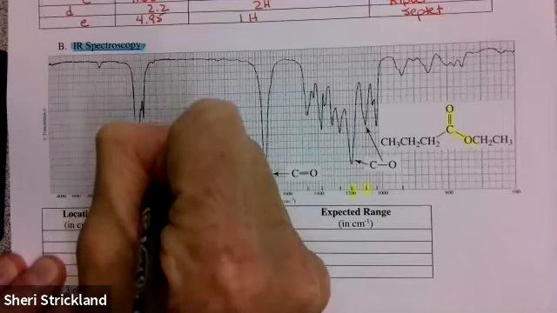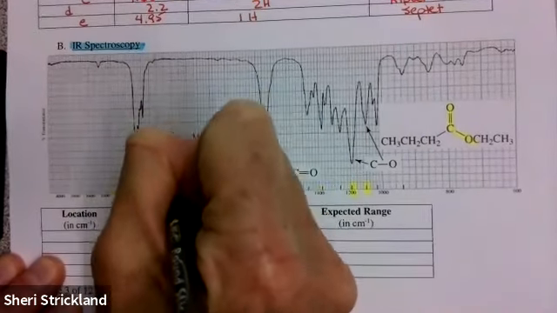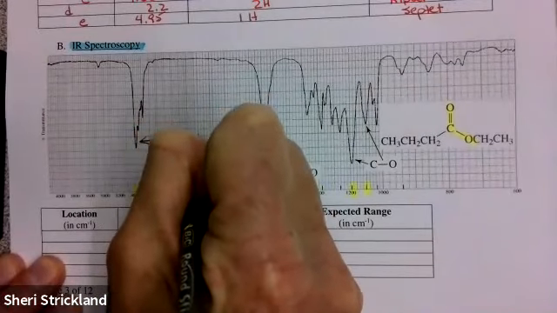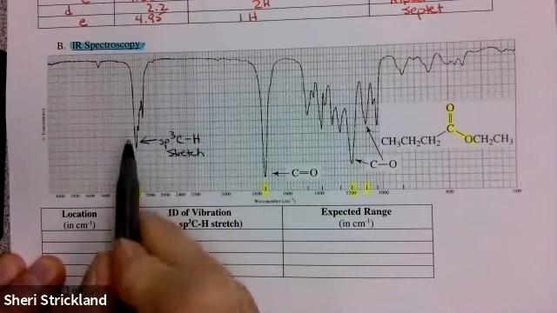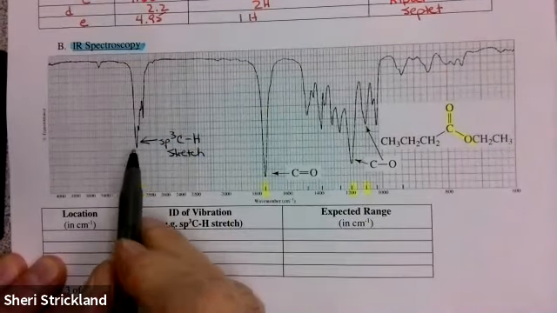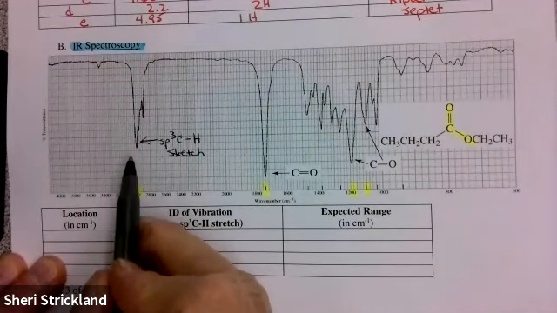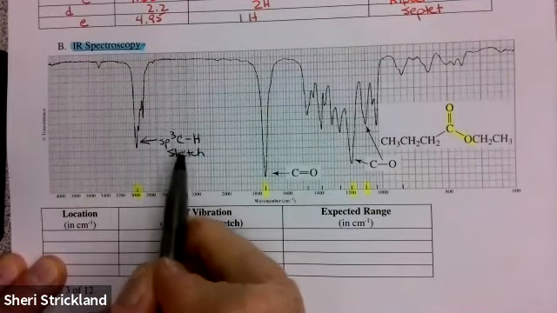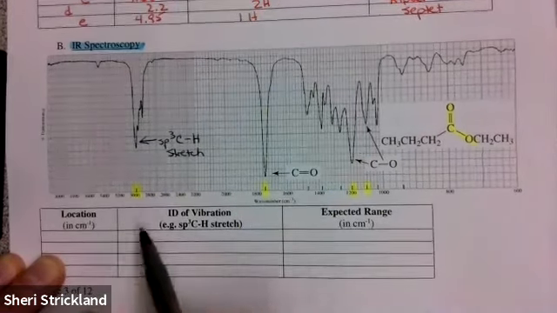I think this one is an sp3 carbon hydrogen stretch because it's in that 2850 to 3000 region, and it's very sharp. Carbon-carbon stretches and carbon-hydrogen stretches are often very sharp because they can't do any hydrogen bonding, as opposed to OH stretches, which are very broad.